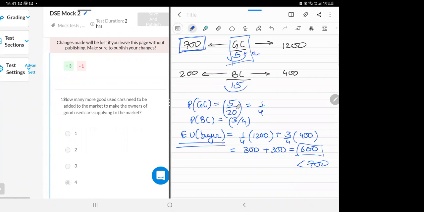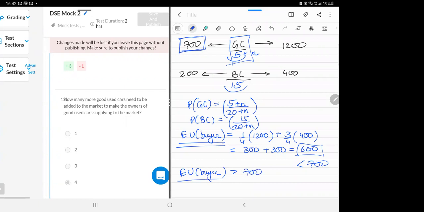So the probability of good cars now becomes (5 plus n) by (20 plus n), and the probability of bad cars becomes, sorry, 15 by (20 plus n). In this case, I need the expected utility of the buyer to be greater than 700.